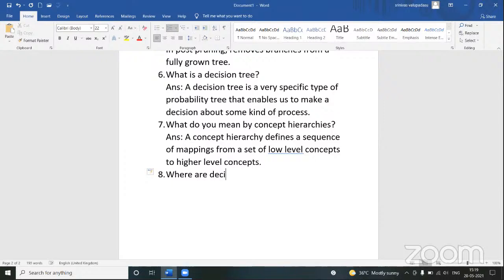We use decision trees for exploration of data sets and business problems.